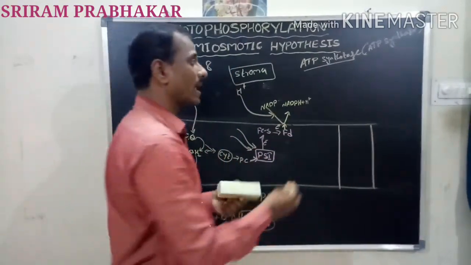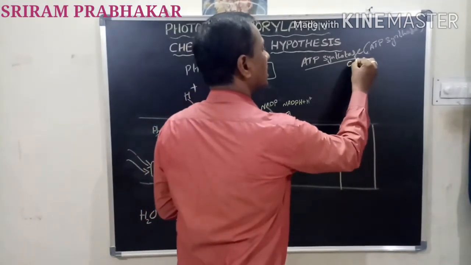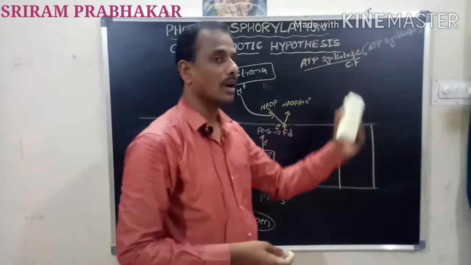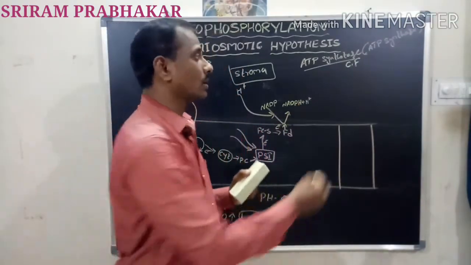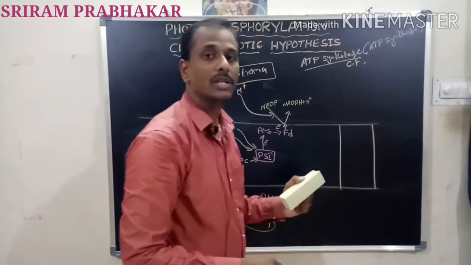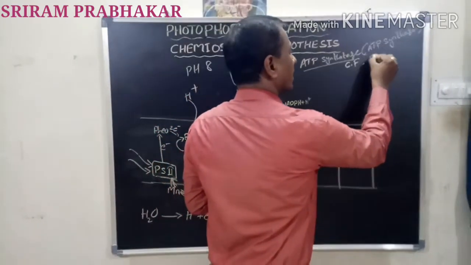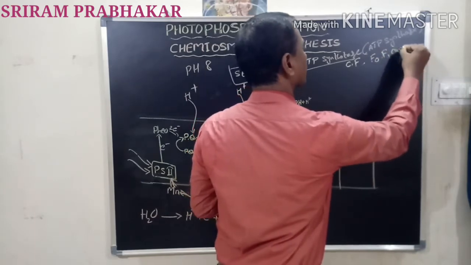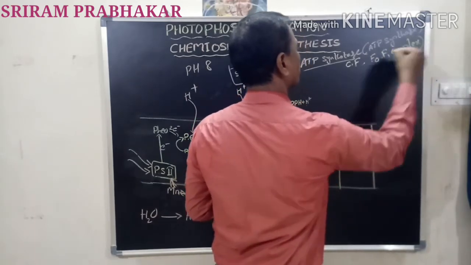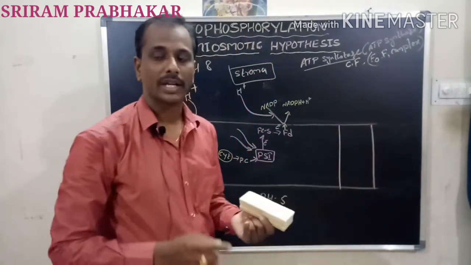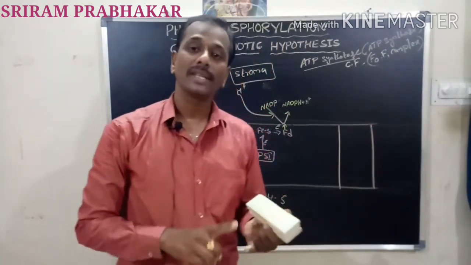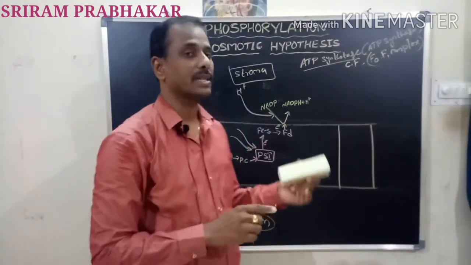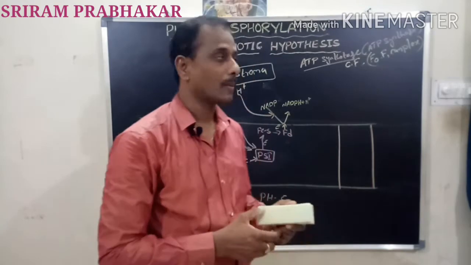It is also called CF, the coupling factor, and another name is the F0 and F1 complex. ATP synthetase, ATP synthase, coupling factor, or the F0 F1 complex.